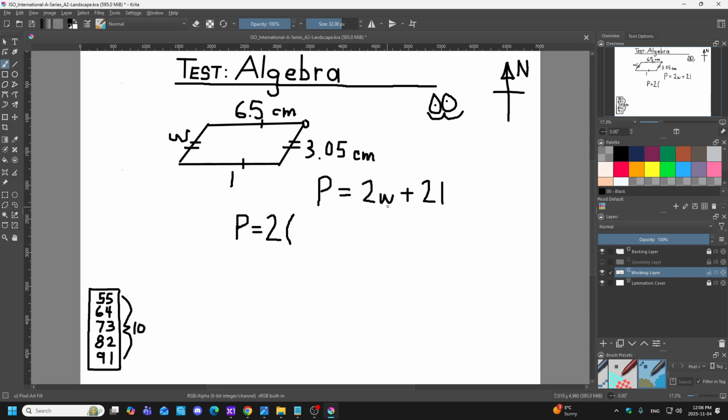Our width is 3.05, plus 2 times our length, which is 6.5.